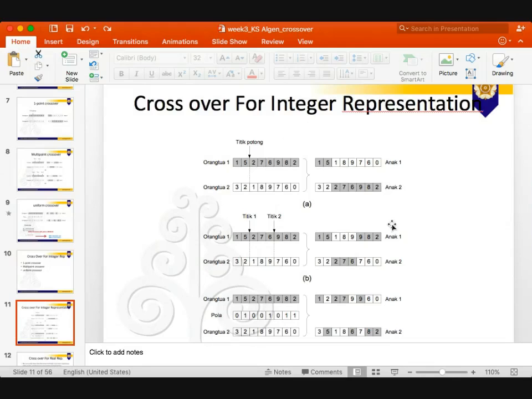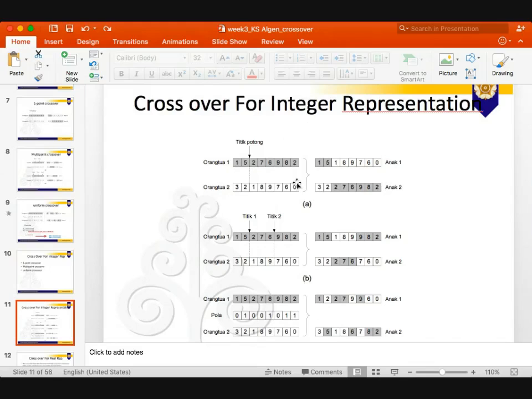For 1-point crossover, we choose 1 crossover point, for multi-point, we choose several crossover points, and for uniform crossover, we make the pattern first. And then we copy based on the crossover point.